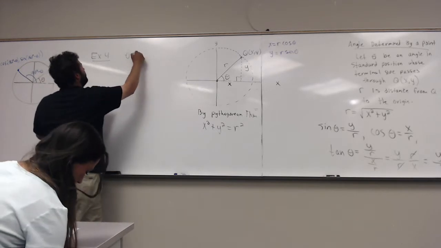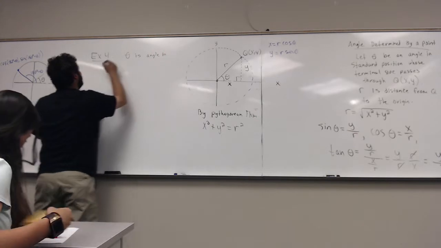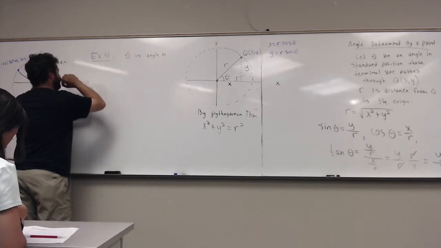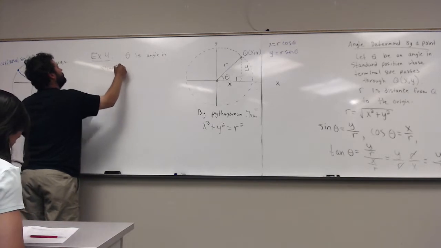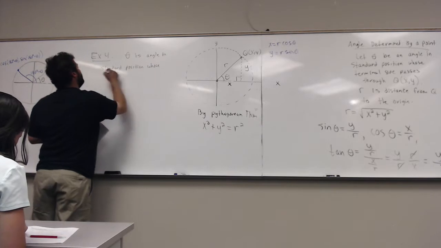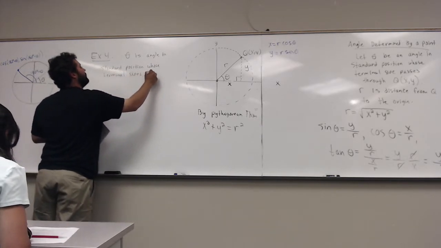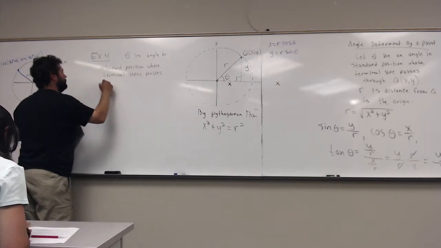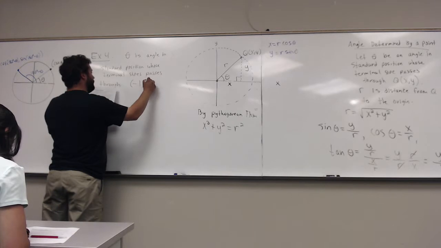So theta is the angle in standard position whose terminal side passes through the point, what do I have, -1, 3/2.